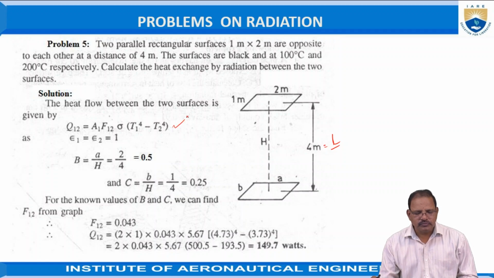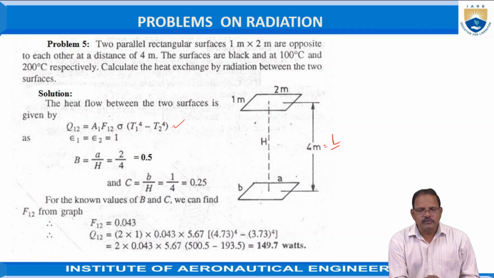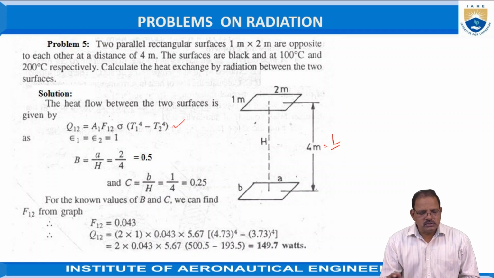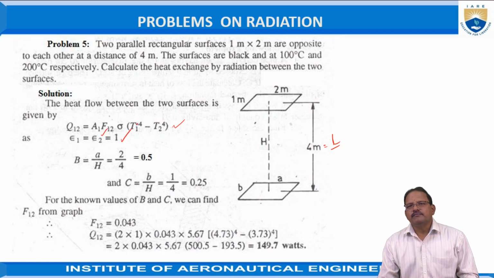Since this is radiation between black bodies, the emissivity is 1, so epsilon 1 is equal to epsilon 2, which is equal to 1.